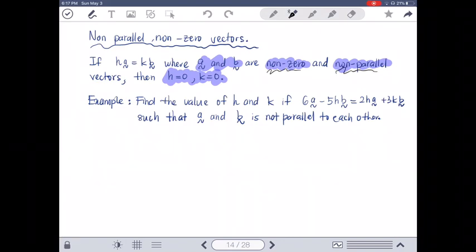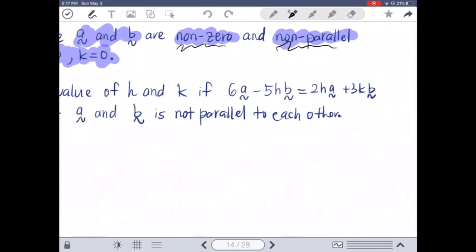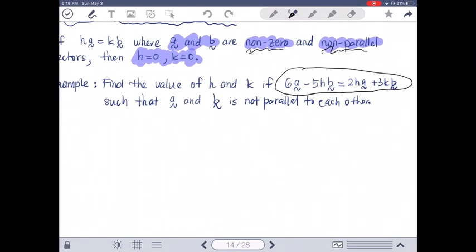Okay, for example, find the value of h and k if we have this equation, such that A and B are not parallel to each other. So we have 6A minus 5hB equals 2hA plus 3kB.